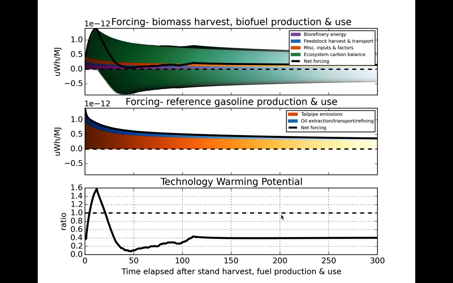And then there's a whole bunch of greenhouse gas emissions associated with actually burning it in your vehicle. And so we're showing that in the middle plot in terms of tailpipe emissions and in terms of oil upstream emissions. So you have a certain climate impact associated with all those activities at a certain point in time.